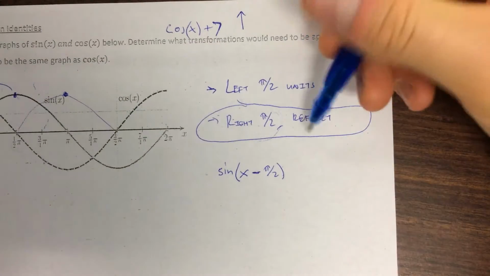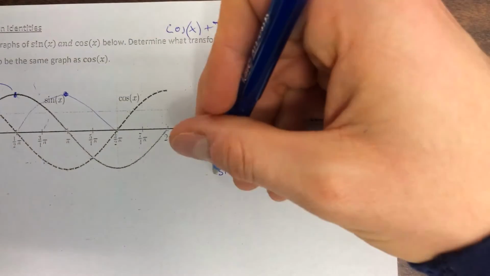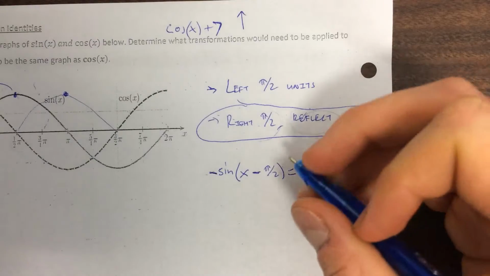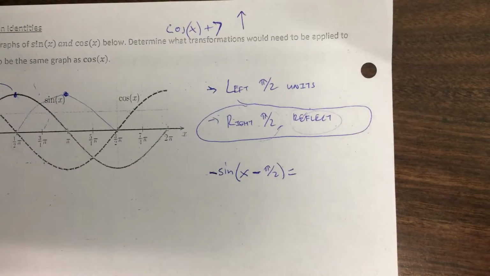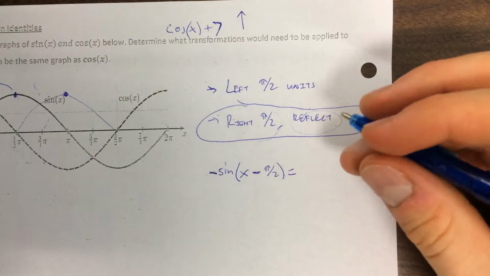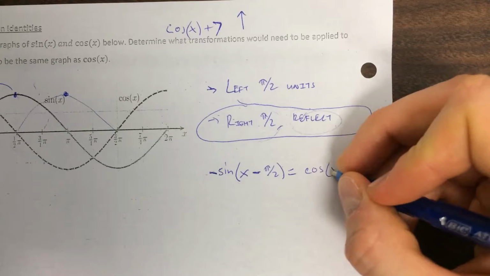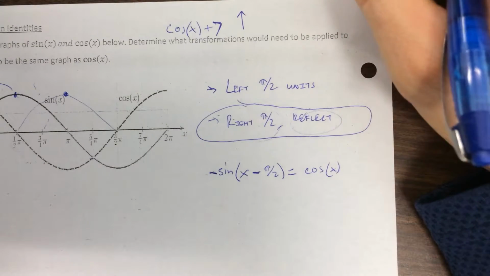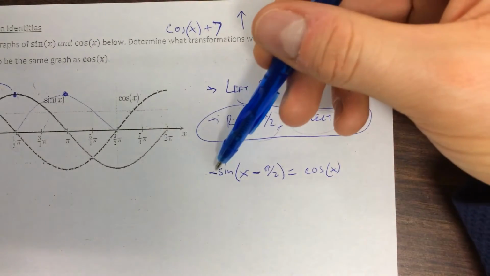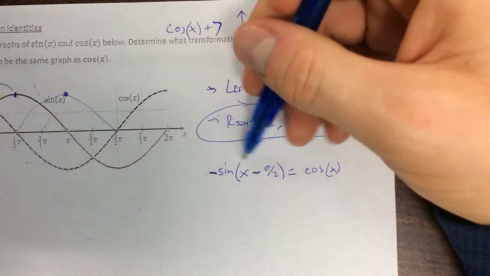And then we also need to reflect. Hopefully we also remember that to reflect, the negative goes here in front. So it'll be negative sine of x minus pi over 2, and that will equal cosine of x. Now we can do something here. Sine is an odd function, which means if there's a negative, we can move it inside.